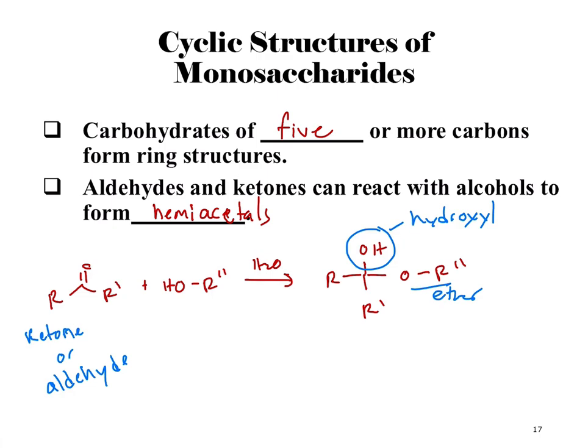And this happens spontaneously in the presence of water. So in solution, saccharides are going between their cyclic and their linear structures relatively frequently. Depending on solution conditions, you can push them one way or the other.